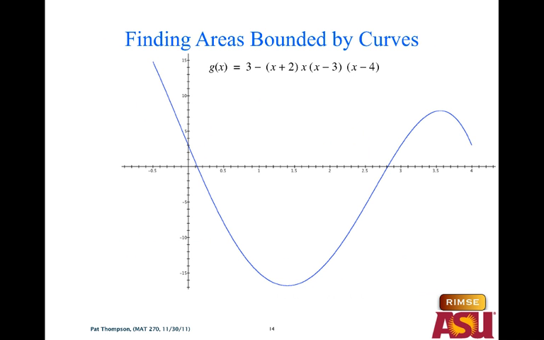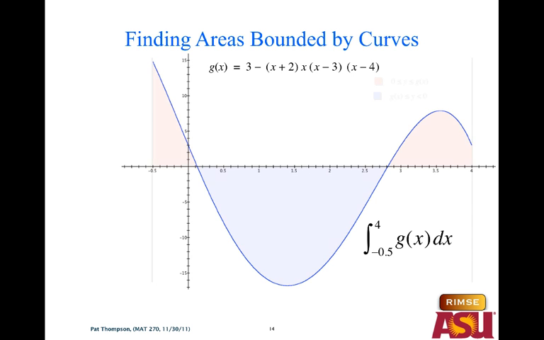Okay, so here's this function g of x. There's the rule for it. And I want to make meaning of this. So what would the geometric meaning be? We could talk about that in terms of accumulation, but in terms of geometry and area, what would the integral from negative 0.5 to 4 of g of x dx be?